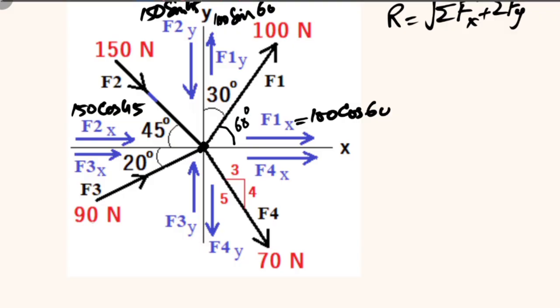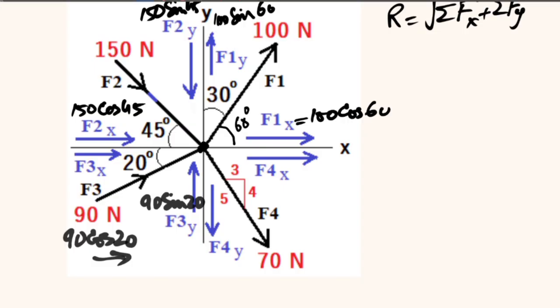So we can write here these components. So 90 cos 20 in the positive x direction, and the y component will also be pointing in the upward direction, that is positive y direction. So it is 90 sin 20. So this way we have got the components of this F3 also.